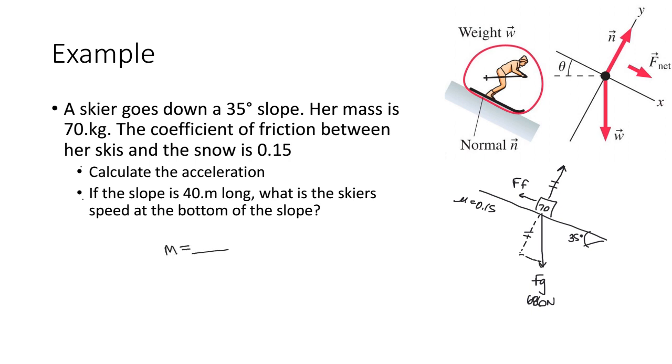So to find the acceleration of the skier, we need to know her mass and her net force. The mass is easy, that's 70. To find the net force, we're going to have to compare the downwards part of this triangle to her backwards force of friction. So that means that we are going to need to fill in some values.